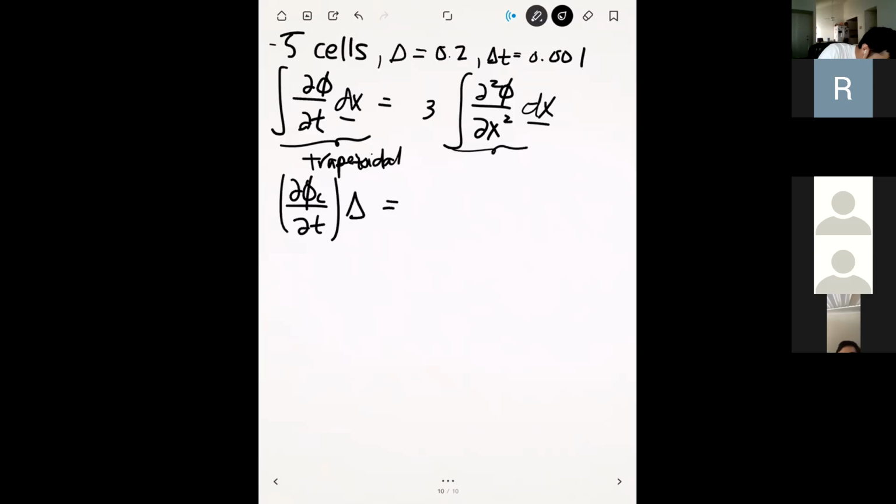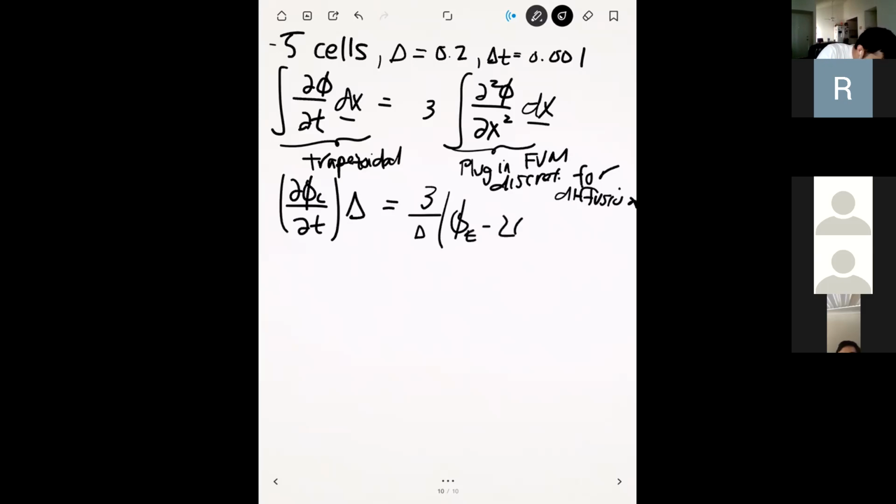So for this, we can just plug in the FVM discretization for diffusion. That looks like this: 3 divided by delta times phi E minus 2 phi C plus phi W.